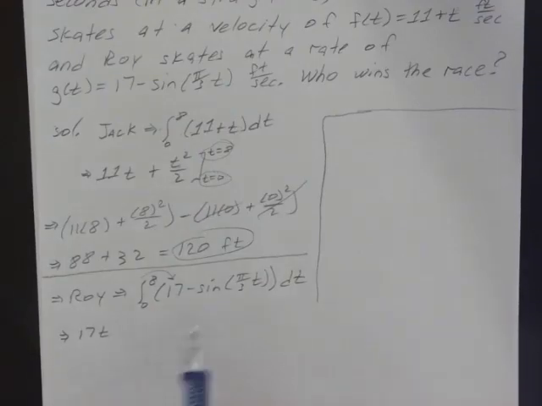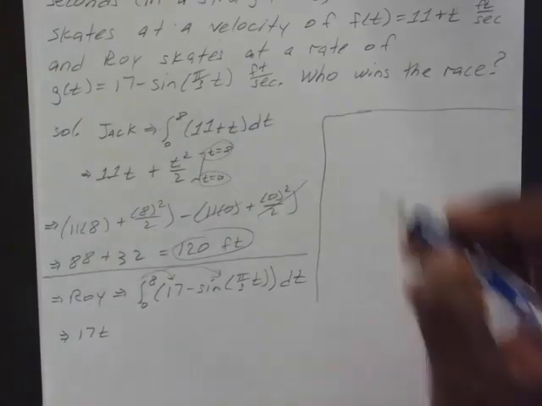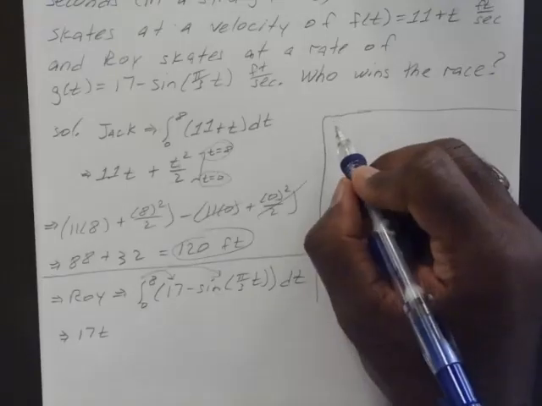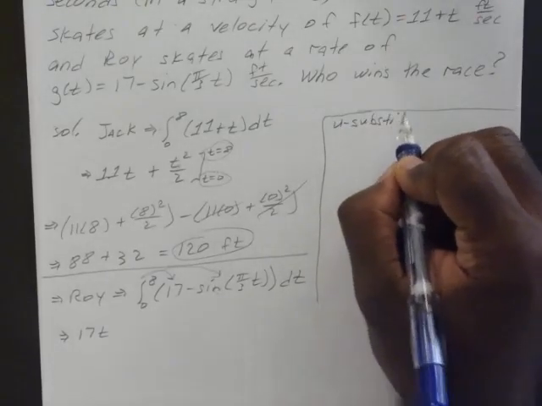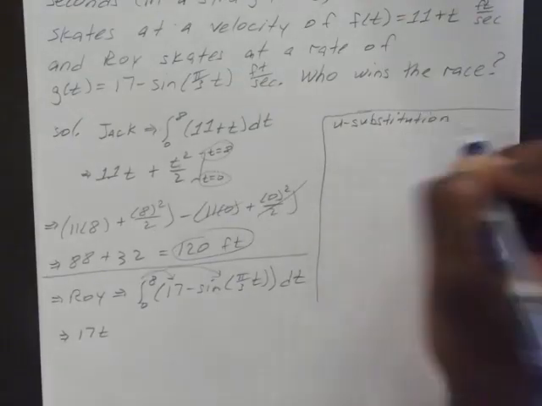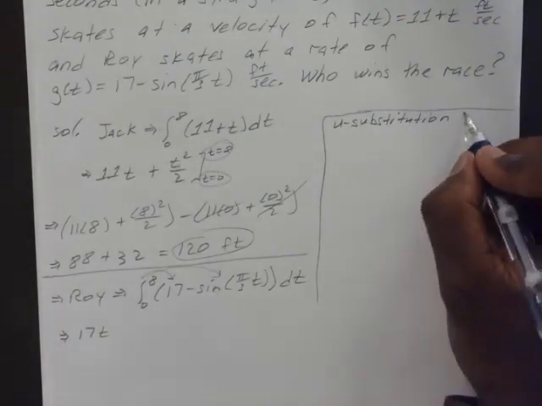Okay, minus, and the reason I had this separate area here is because for this problem, to solve the integral of sine of pi over 3 times t, we'd have to use what we're going to cover in 5.4, which is u substitution. So this is kind of a sneak preview of 5.4.